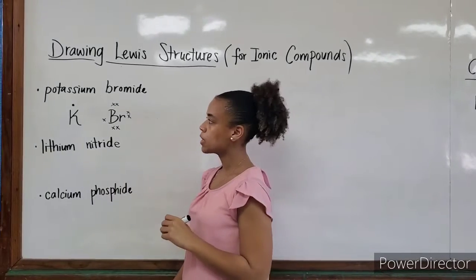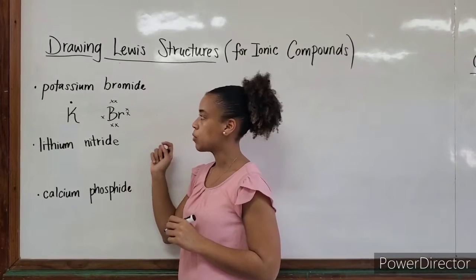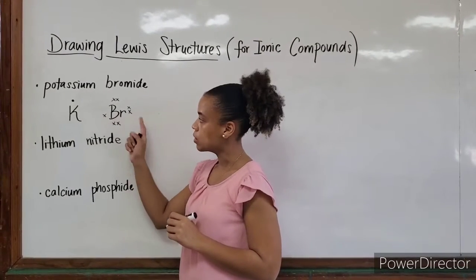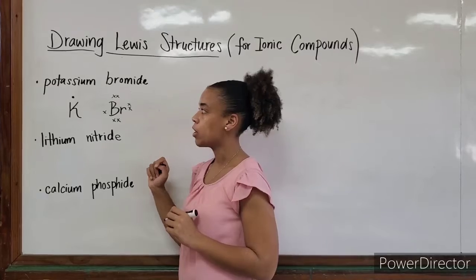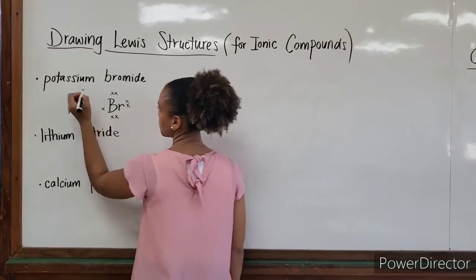In order to form this ionic bond, potassium is going to donate an electron to bromine so that both of these atoms, which will become ions, will have a stable octet as their outer shell.